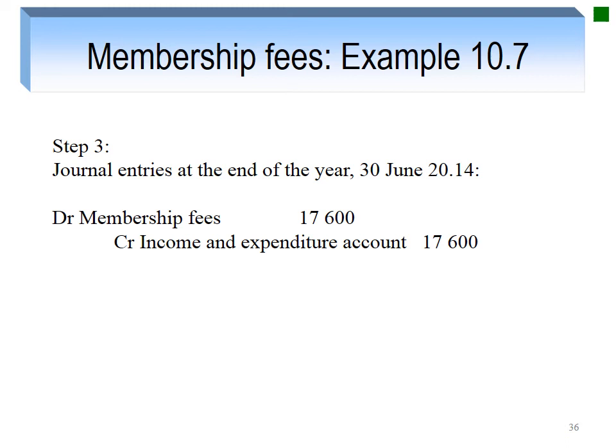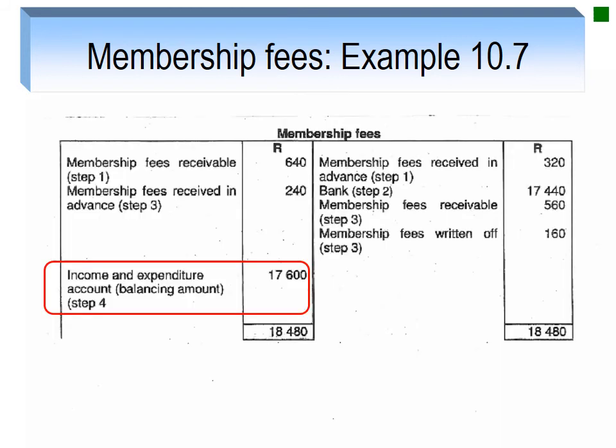So the membership fees account is going to be closed off by debiting membership fees, and the income and expenditure account is a closing transfer account. We'll credit that account with 17,600. So if you look, this 17,600 is the balancing amount on this account. This is an income account. It must have no balance at the end of the year. The full amount gets transferred to the closing account, income and expenditure.